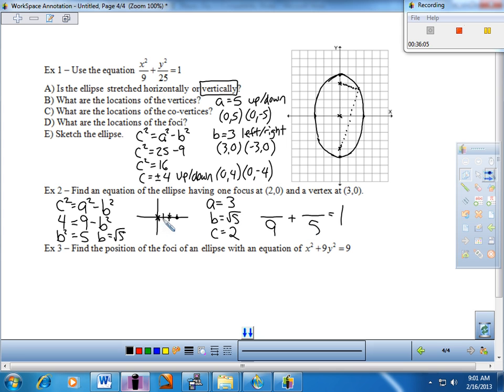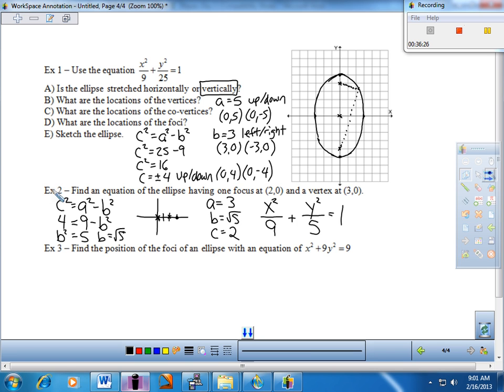This was horizontally stretched because center to vertex is horizontal. So if the larger number is 9 and it's horizontal, the x squared goes above the 9, and then the y squared goes over the 5, the smaller number. And there you have it. I told you you'd be using this equation quite a bit, and there it is.